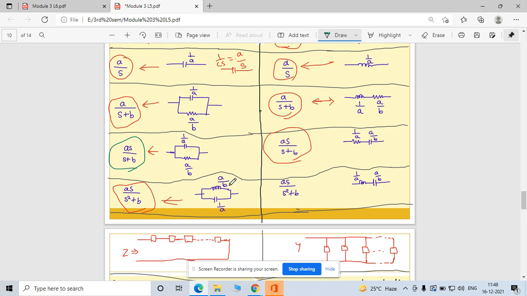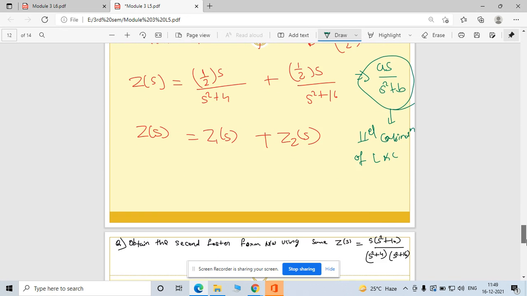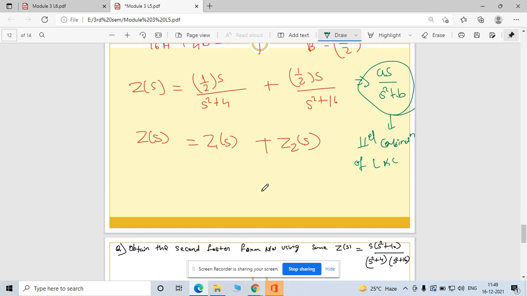As by s square plus b is a parallel combination of these. What is the C value? It is 1 by a, and the L value is a by b. By observing this, you can easily calculate the a and b values.